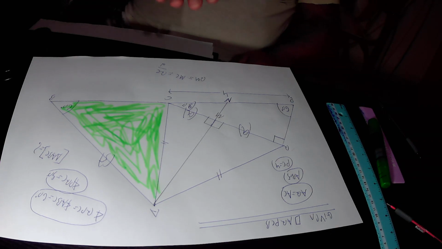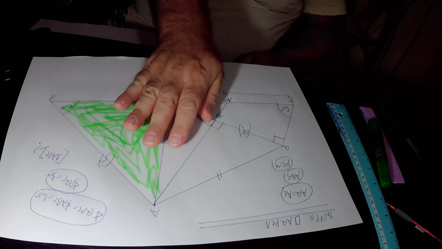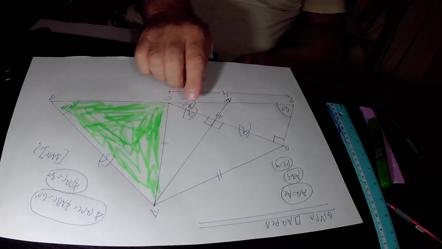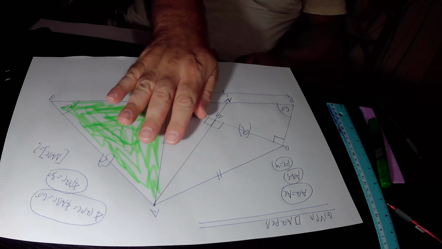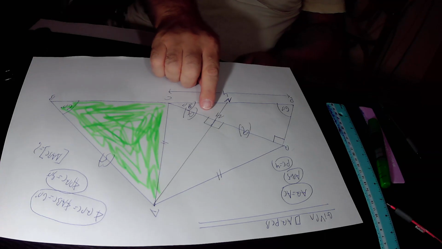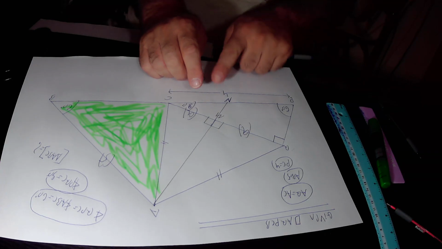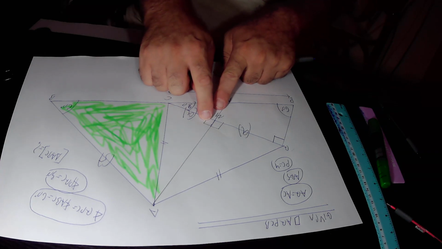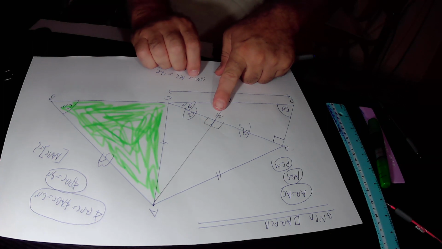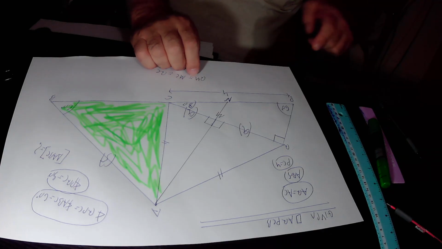We have this angle that is a right angle, plus this missing angle. The sum of those two angles must equal 180 degrees. Therefore, this missing angle must equal 90 degrees in size.